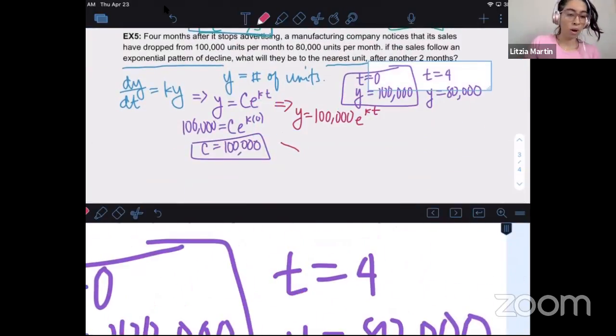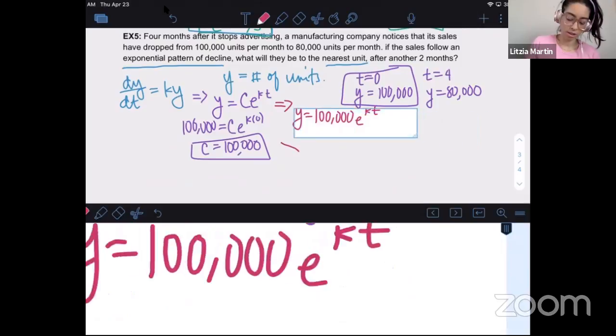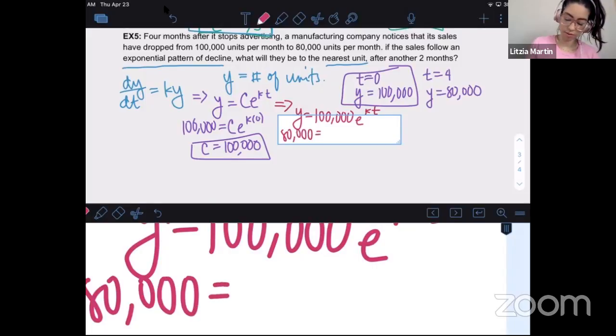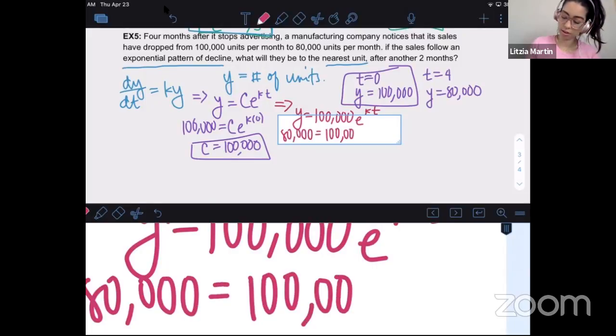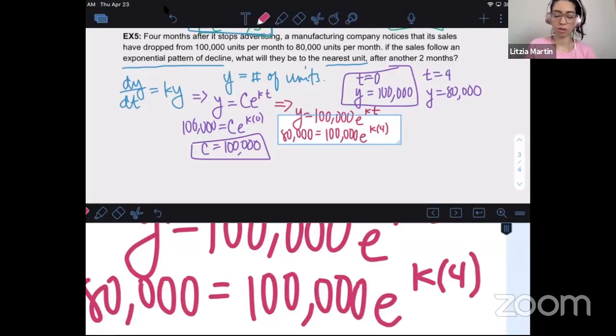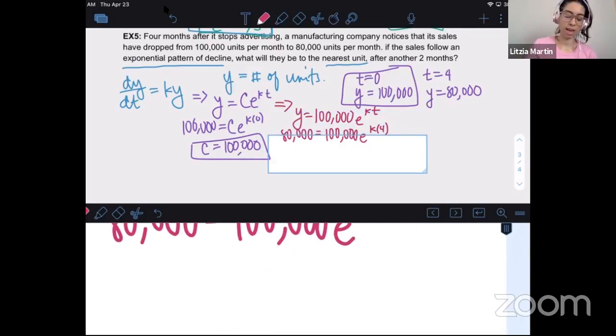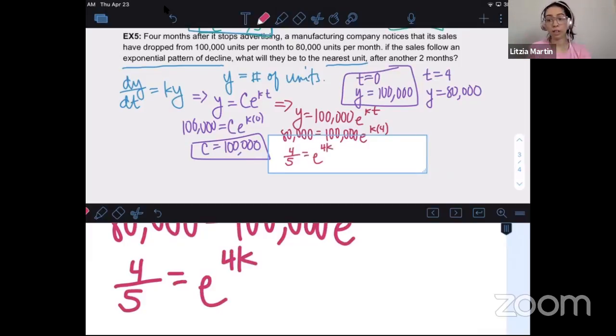So t is equal to 4, y is equal to 80,000. We can plug that in here and solve for k. All right, so divide by 100,000, we get 80 over 100, that's going to be 4/5 e to the 4k. ln of both sides.